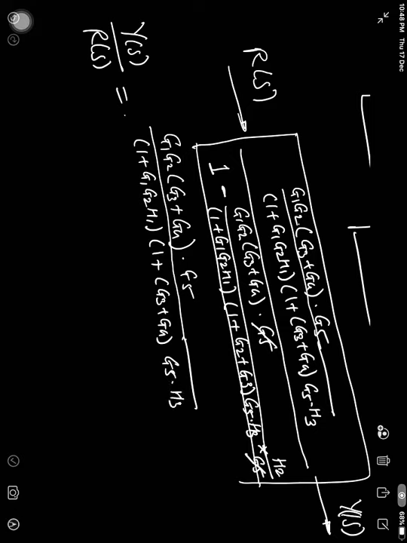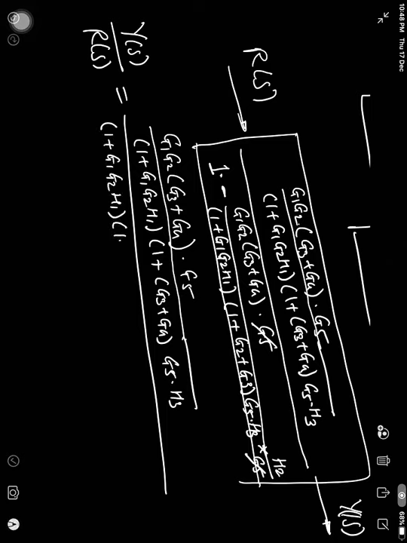I had written as it is all together. I will take the LCM of this, so I will multiply the denominator to 1, 1 plus G1 G2 H1, 1 plus G3 plus G4 G5 H3, then I will close the bracket, multiply by what I had, then LCM G1 G2 G3 plus G4.